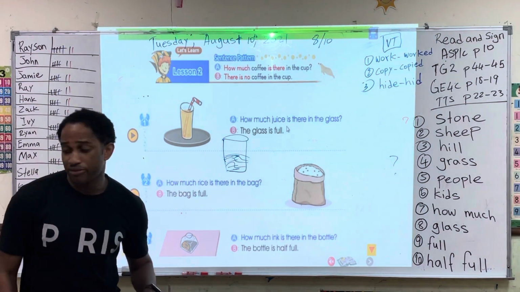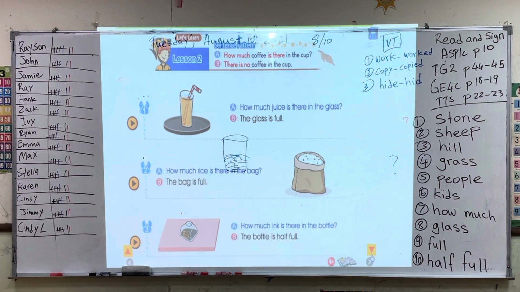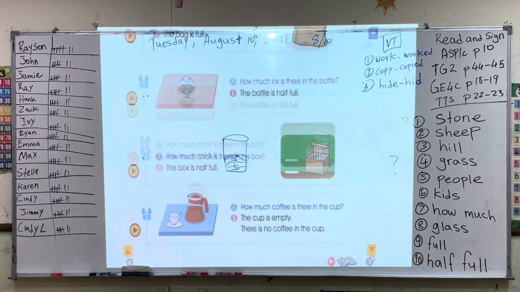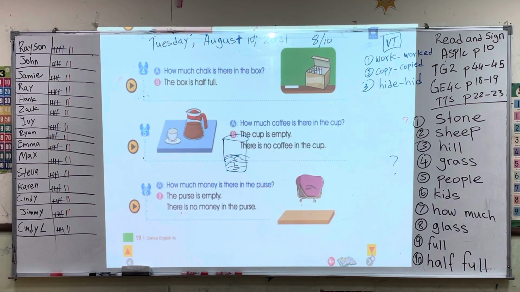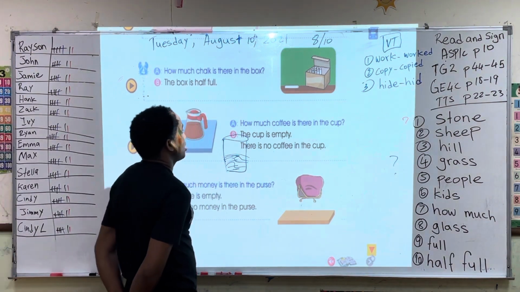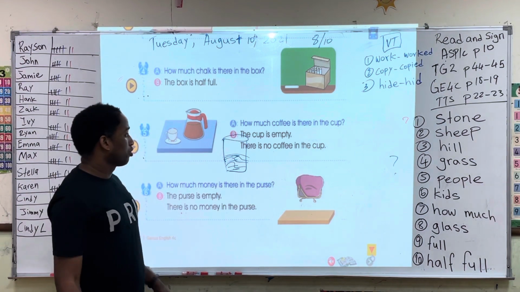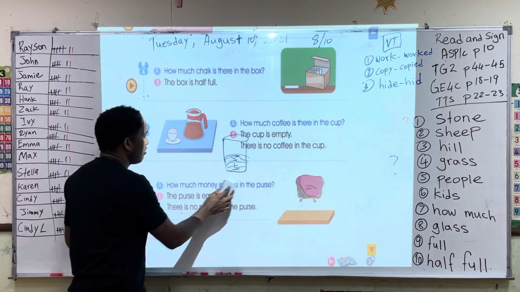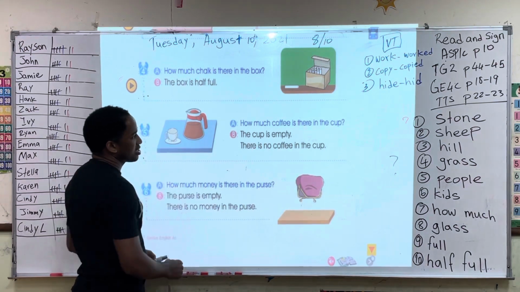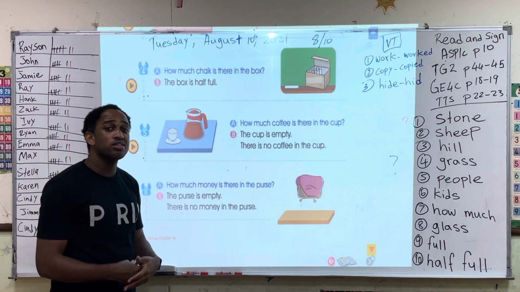Now let's go to number 4. How much chalk is there in the box? The box is half full. Number 5. How much coffee is there in the cup? The cup is empty.